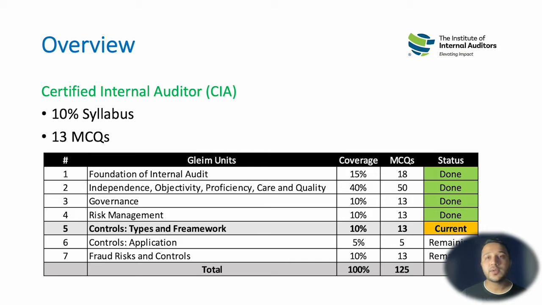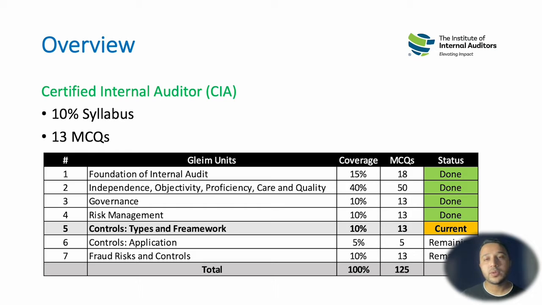In Unit 4, in risk management, we talked about the risk management process and covered risk management frameworks. Broadly, we covered 2 main ones, ISO 31000 and the COSO ERM framework. We touched upon Turnbull a little bit as well.